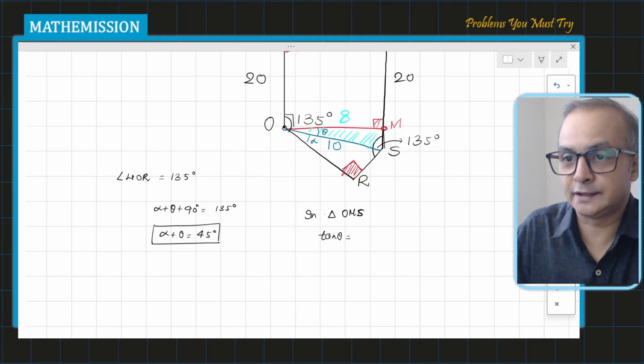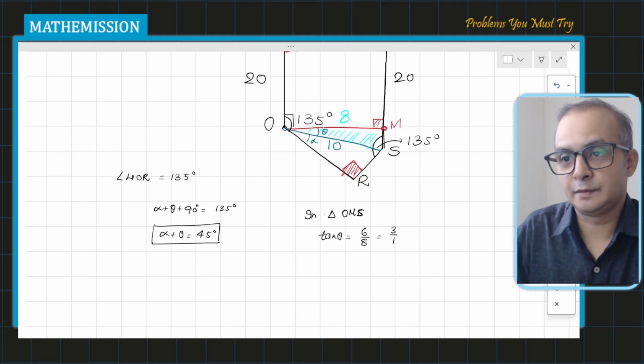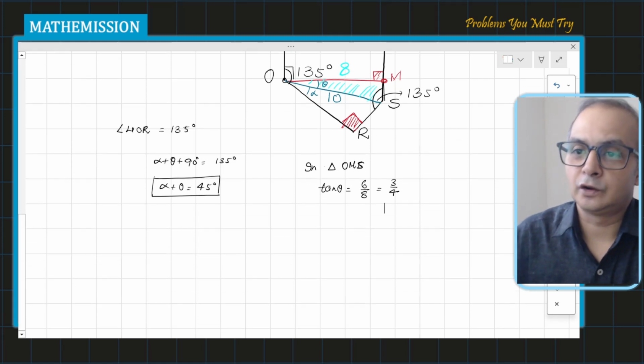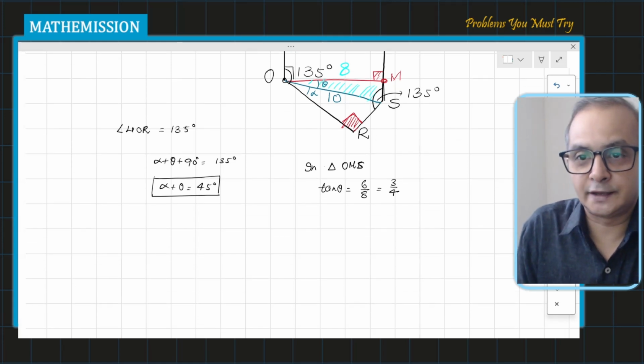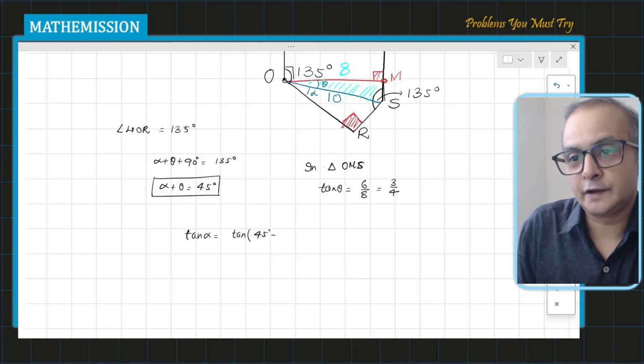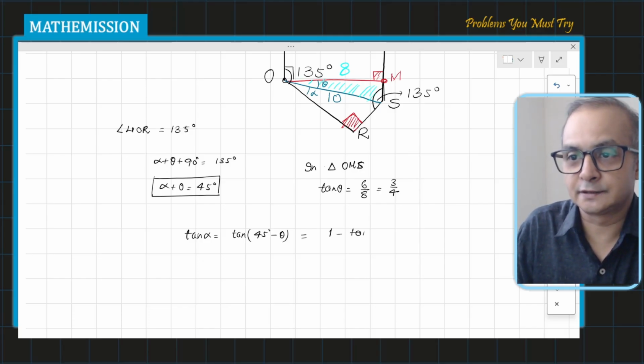So tan theta is 6 by 8, that is 3 by 4. Now if I know tan theta, I can also find tan alpha. How do you find it? We know tan alpha is tan of 45 degrees minus theta. So that is going to be 1 minus tan theta by 1 plus tan theta.